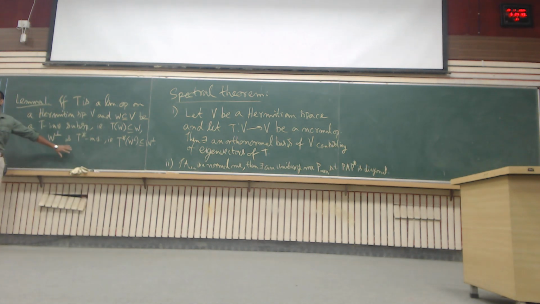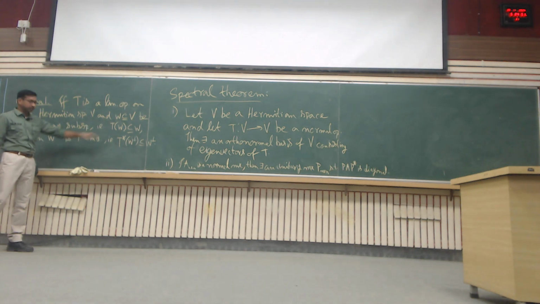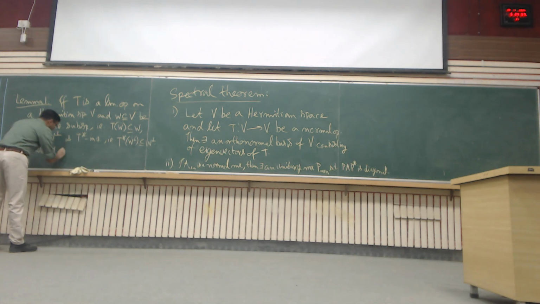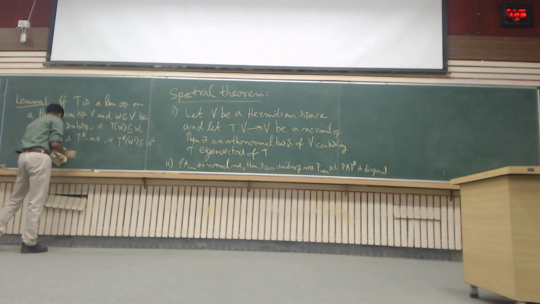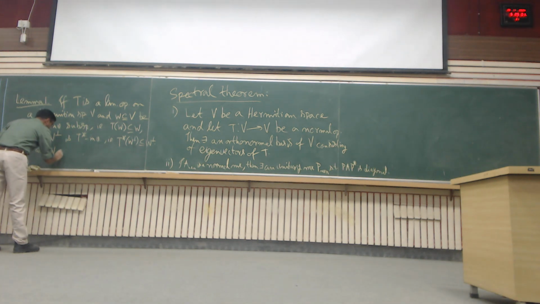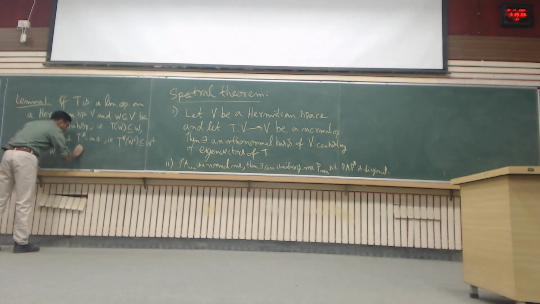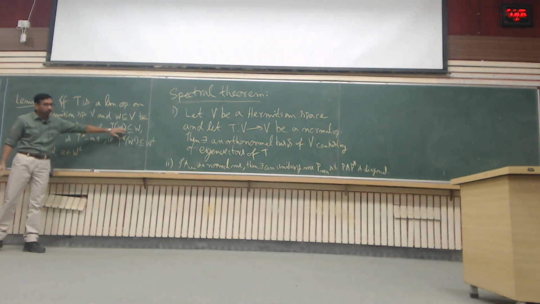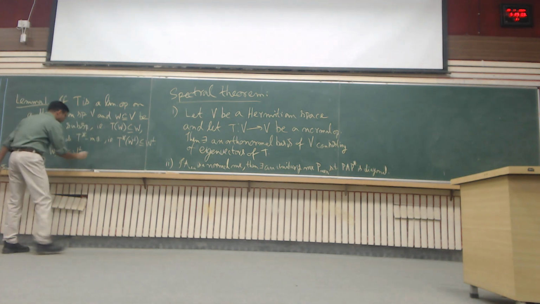And the proof of this was rather simple. Let's recall this anyway. So how did we show this? Suppose w is an element of W and let u be an element of W bar. Now T W is a subset of W. What does it mean?